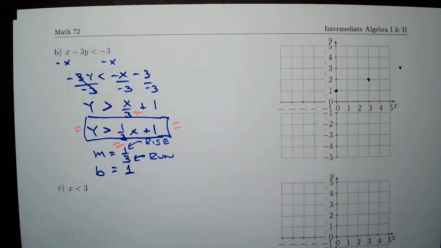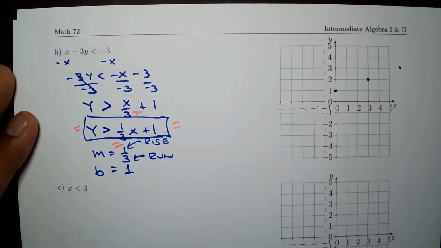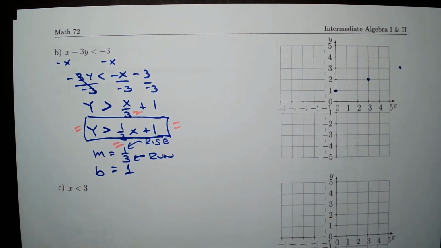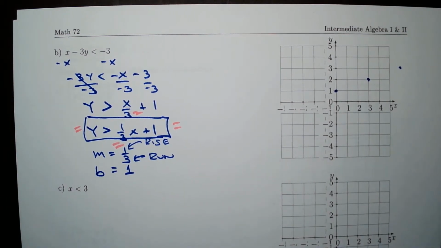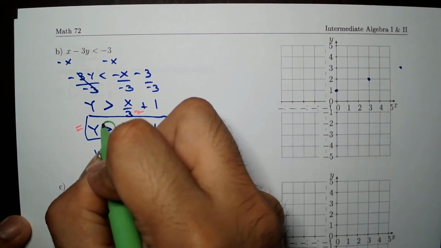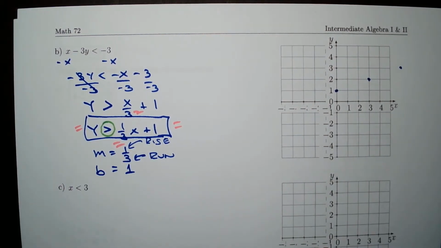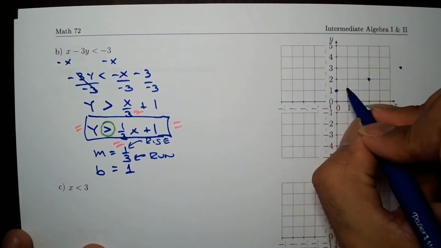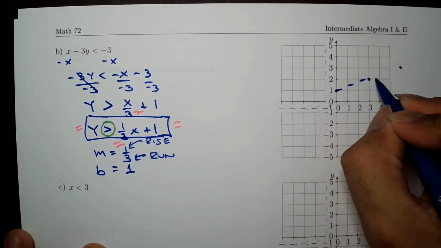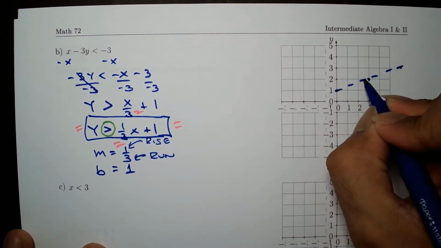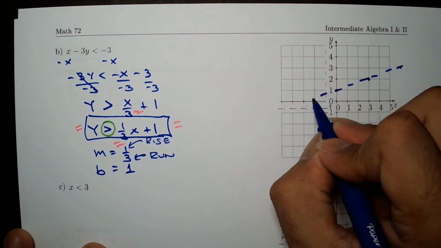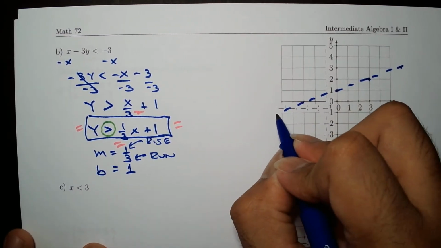Okay, so that's the line we're graphing. But in this case, because of the inequality symbol, it's only greater than. So that's going to be a dashed line. See, it's not a solid line like I did on the previous example. It's a dashed line.